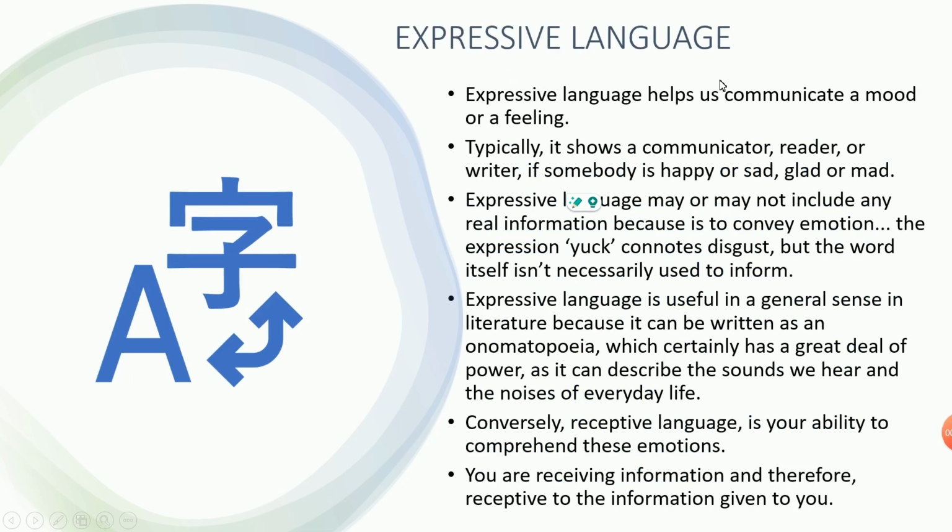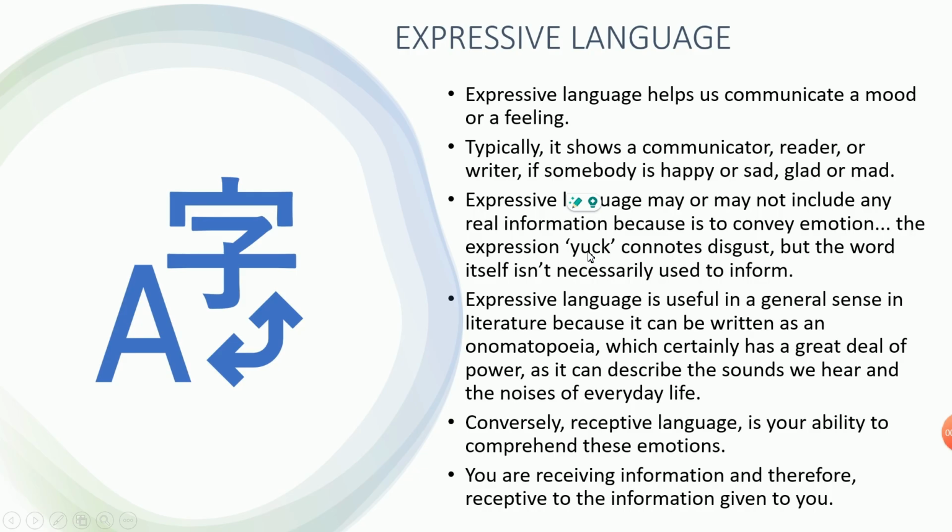Next is expressive language. Based on the word itself, expression. Expressive language helps us communicate a mood or a feeling. When a communicator, reader, or listener is happy or sad, they are expressing their own thoughts or even their own mood. Expressive language may or may not include any real information, because it is to convey emotion. You might have heard the word yak.